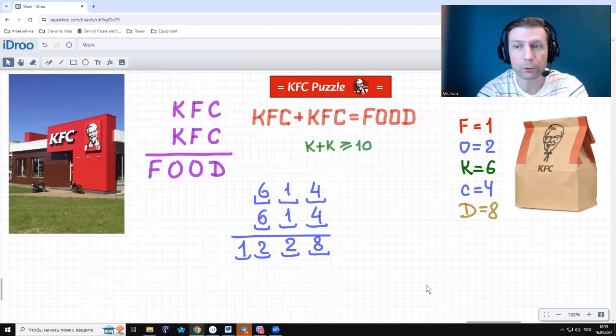We try to look at where to start. We try to see which part is easier to figure out. And having made that conclusion, we think about the next steps.